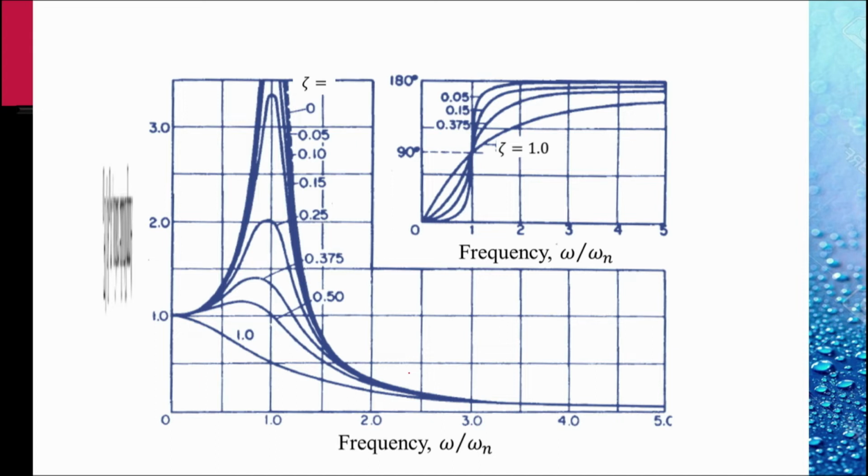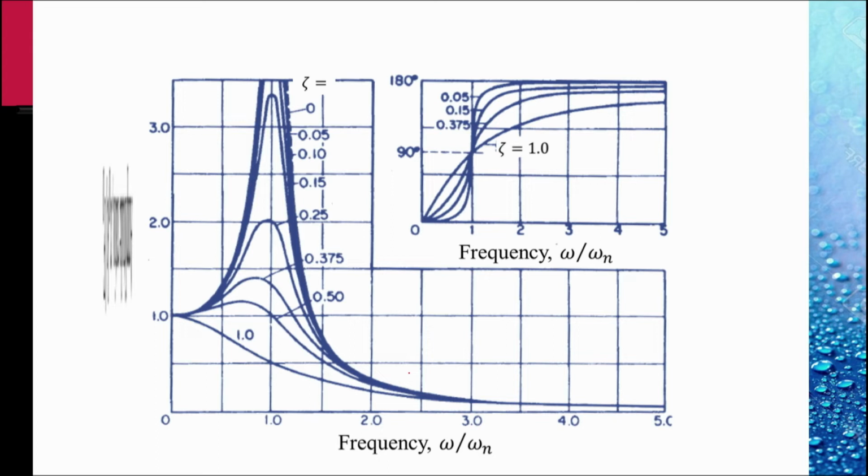These two graphs should be sufficient to predict the performance of any mass dashpot spring vibrating system, given any values of the parameters omega, k, m and c.